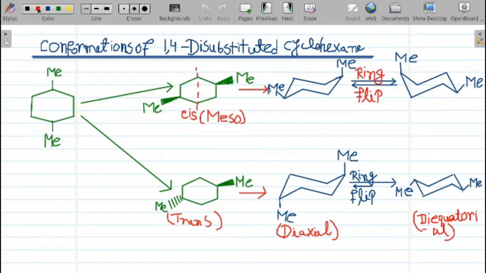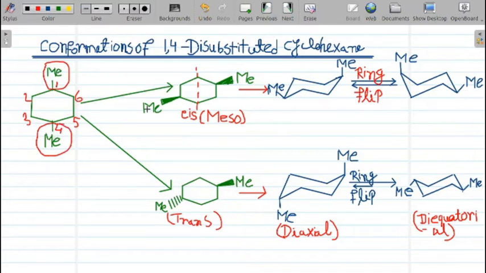Here you can see this is carbon 1, this is carbon 2, this is carbon 3, this is carbon 4, this is carbon 5, and this is carbon 6. One methyl group is present at the C1 position, and another methyl group is present at the C4 position.